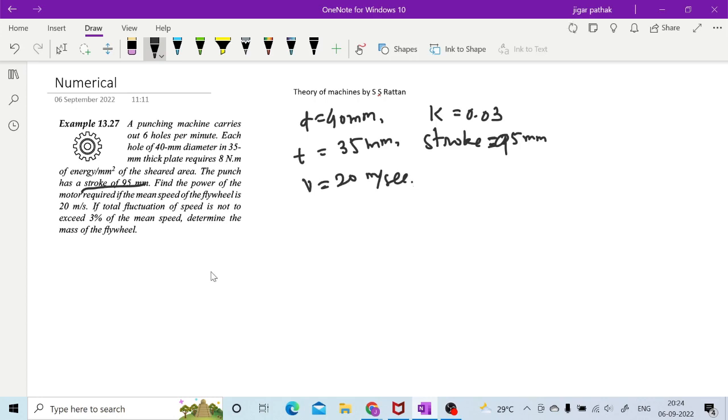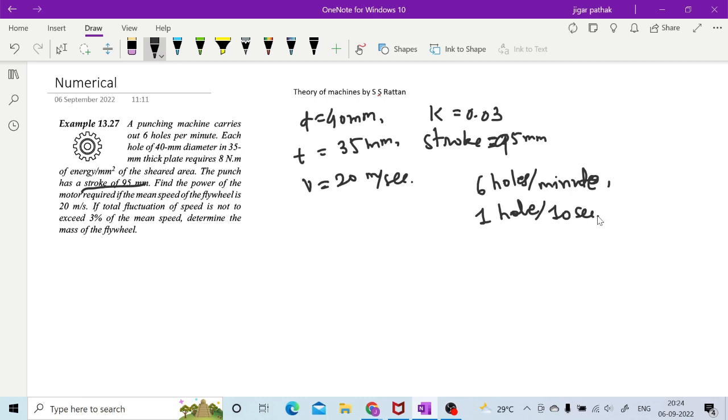Right, now 6 holes per minute is mentioned, so it means 1 hole per 10 seconds.